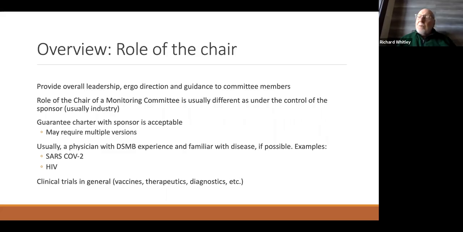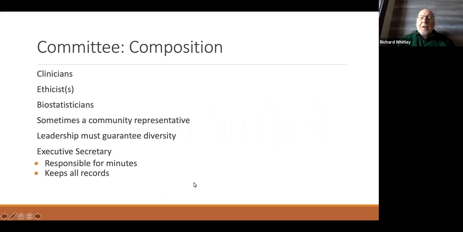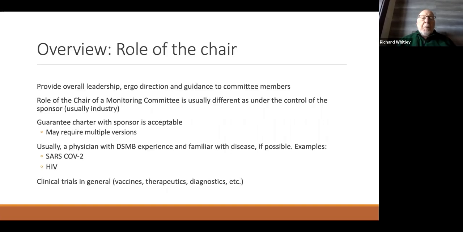You know, when we began with data safety and monitoring boards for COVID-19, no one knew much about the disease. So examples would be SARS-CoV-2 resulting in COVID-19 disease, or even HIV. And the data safety and monitoring chair should have experience in clinical trials in general, be it vaccines, therapeutics, diagnostics, et cetera. And that is really selected by the sponsor of the study.